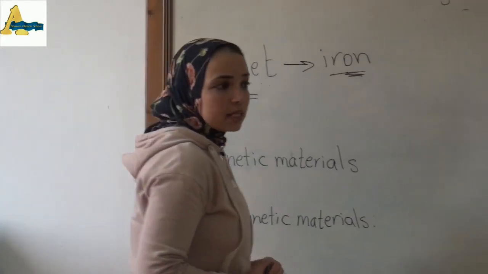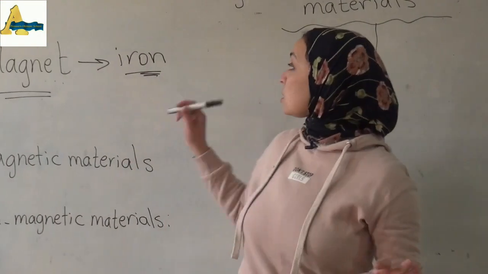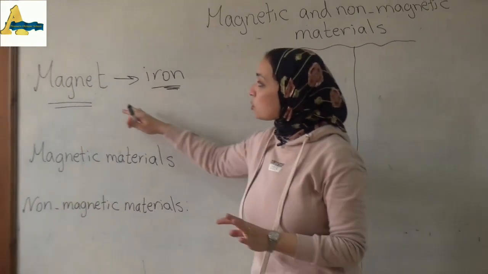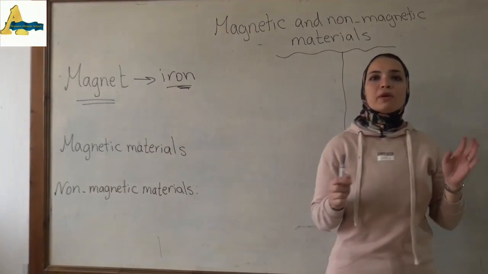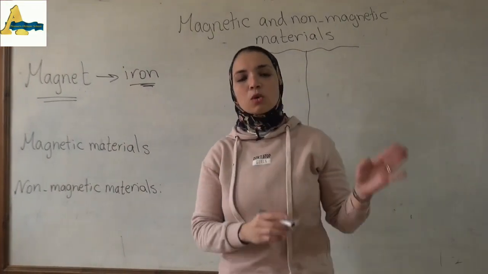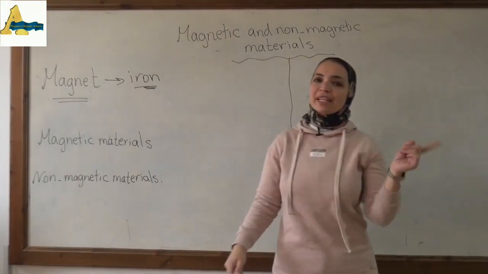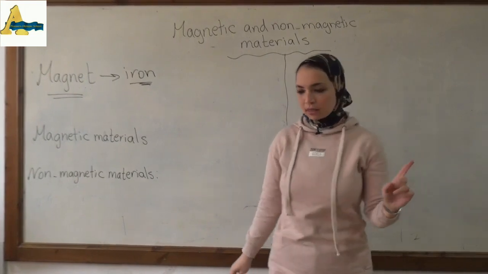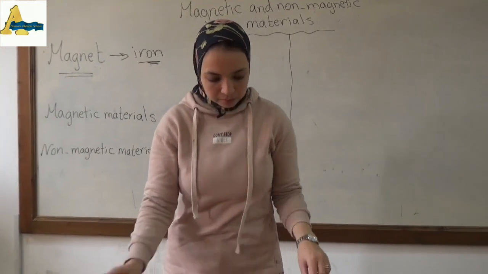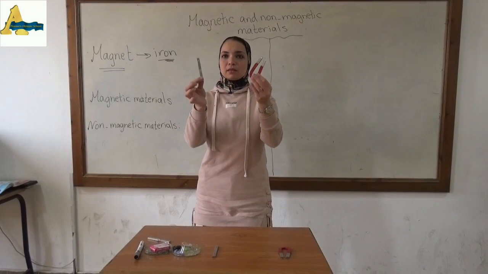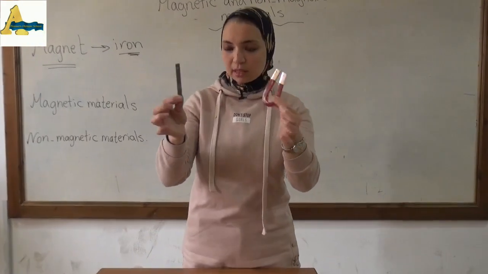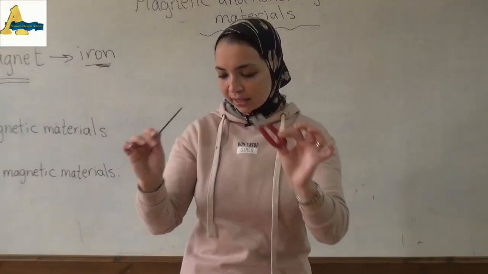Do all materials or substances attract to a magnet? No. We found that there are some materials which attract to the magnet and some other materials which cannot. Let's see it. Here are two shapes of magnet.